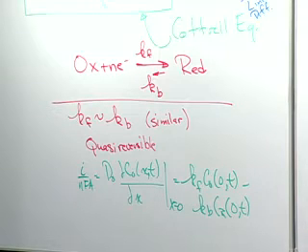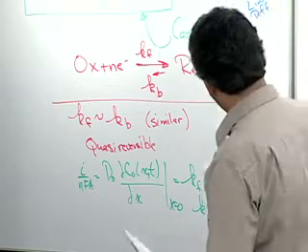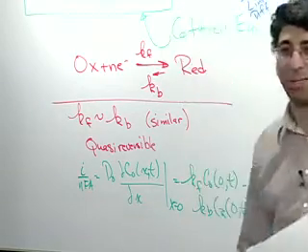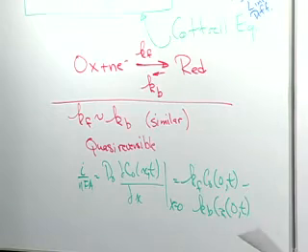I am hiding in that statement something that you already know, and that is that these two rate constants now are potential dependent as well as temperature dependent.